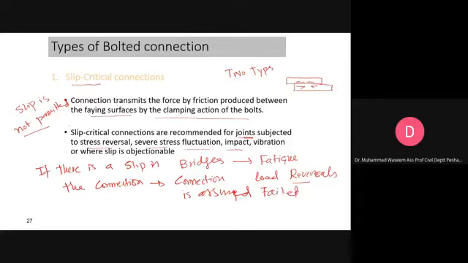Now this slip critical connection, जैसे इसमें slip आ जाएगी, what will happen? It will be converted to a bearing type connection. There are two types of connections: slip critical connections and the second is the bearing type connection.